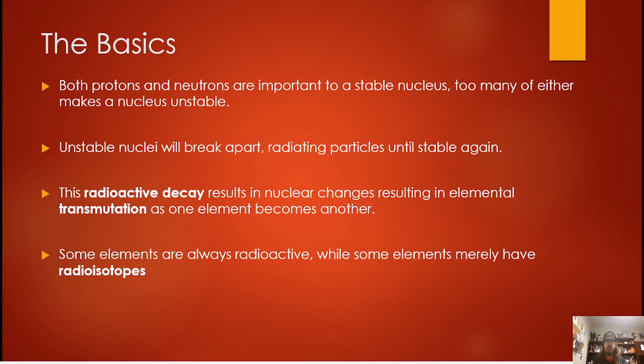For example, carbon-12 and carbon-13 are stable. Carbon-14 is unstable, and as we'll see in a little bit, 6 protons and 6 neutrons is stable, 6 protons, 7 neutrons is stable, 6 protons, 8 neutrons is not stable.